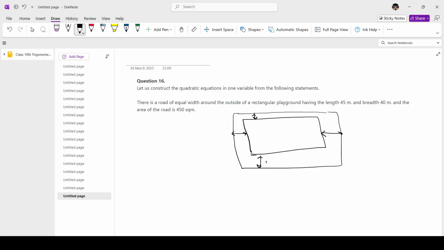So let's say our width is x. The outer length is from here to here.